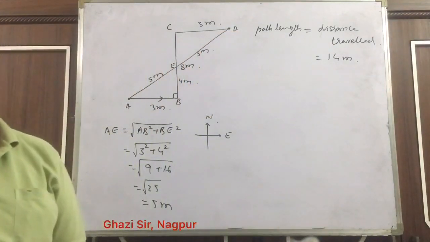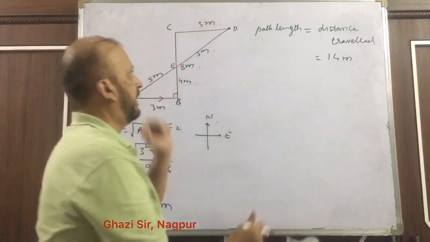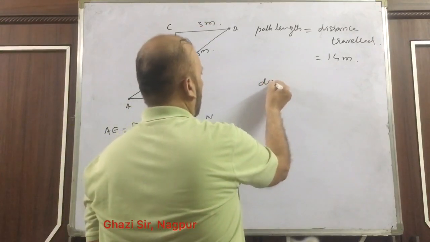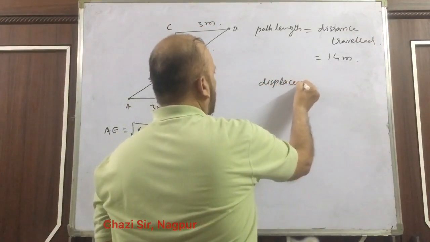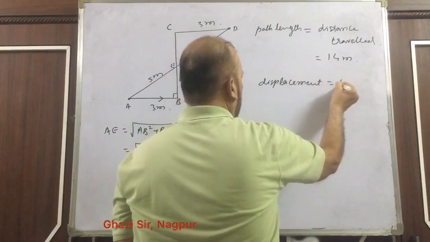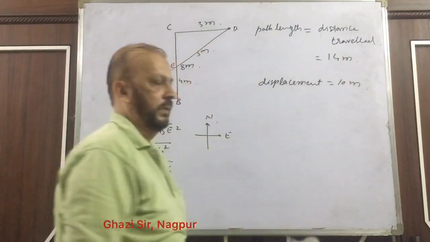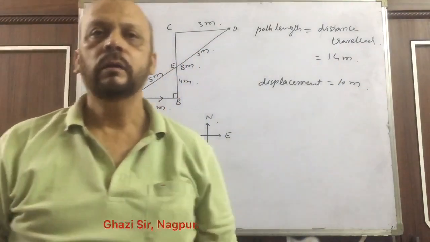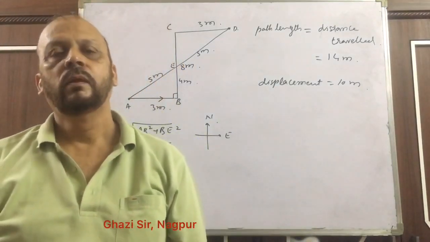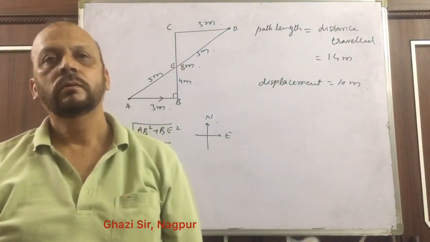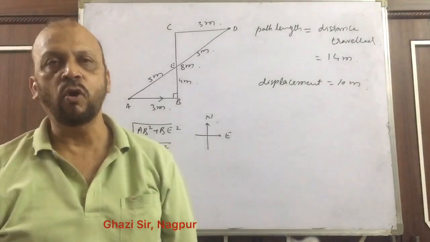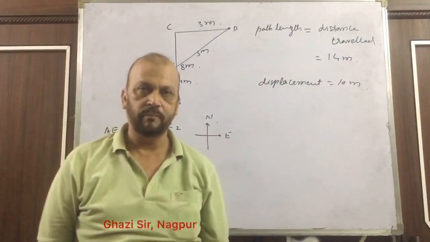And displacement is the shorter distance, that is 10 meter. So displacement is equal to 10 meter. So this we already learned in earlier classes: path length, which is also called distance traveled, and displacement.